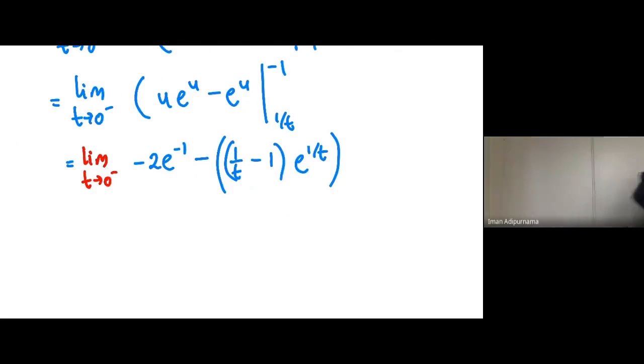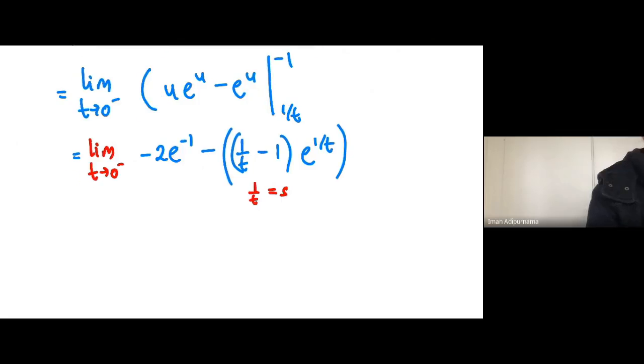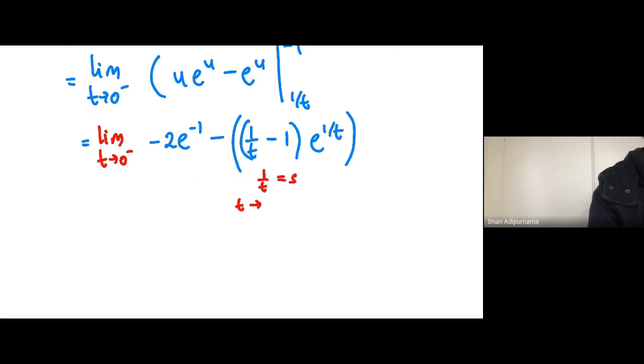Okay, now we need to observe this 1 over t. Imagine 1 over t as s. So as t approaching 0 from the left, what will happen to the s?